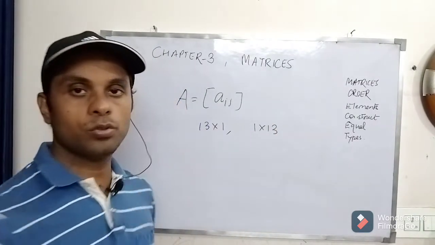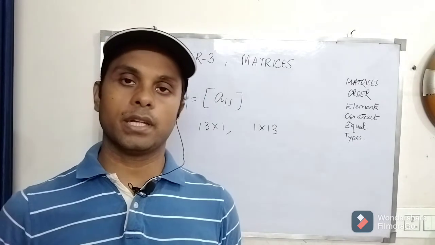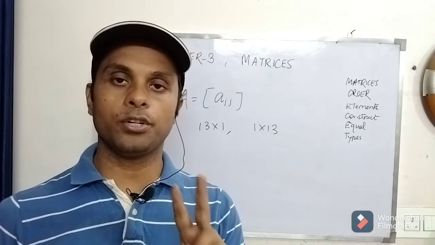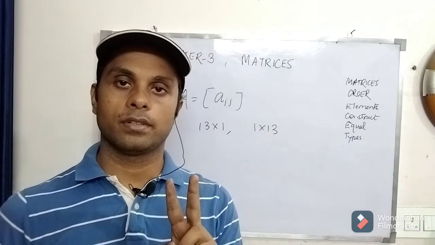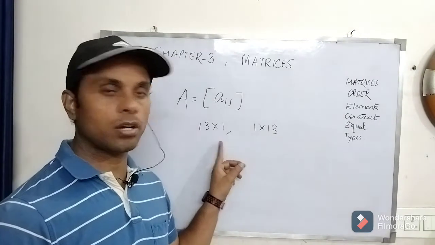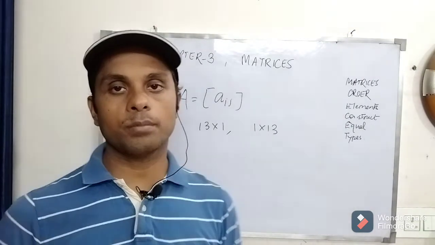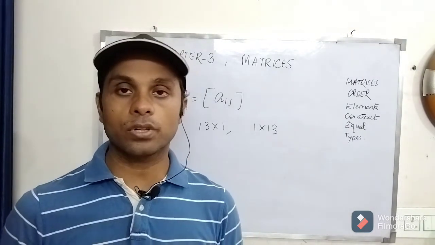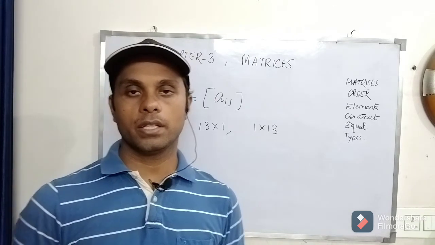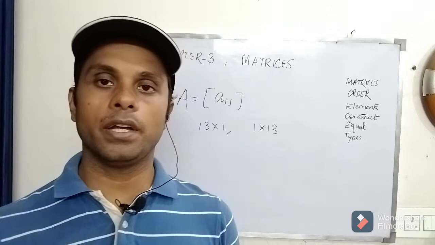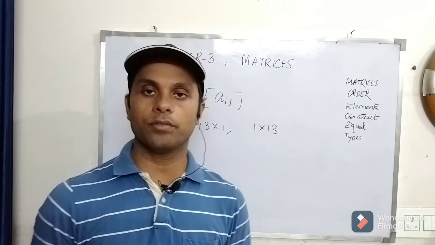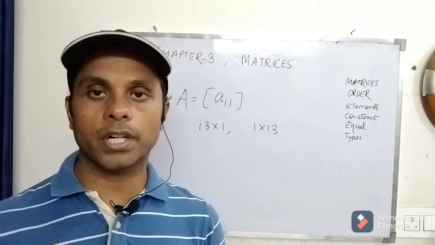There are two possibilities. Basically, using 13 elements we can form only two matrices. Order of first will be 13 by 1 and order of second one will be 1 by 13. Why so? Because prime factorization of 13 is just 13 into 1. That means 13 and 1 are the two factors of 13.